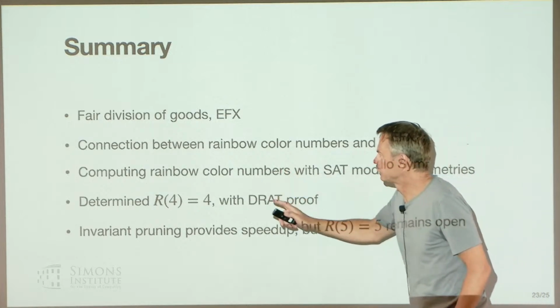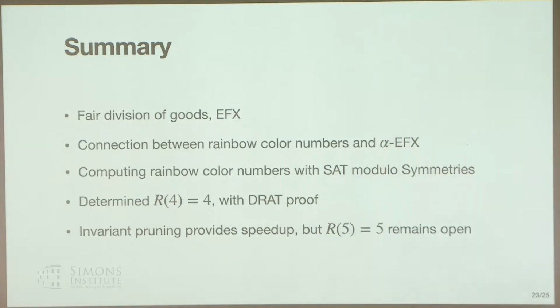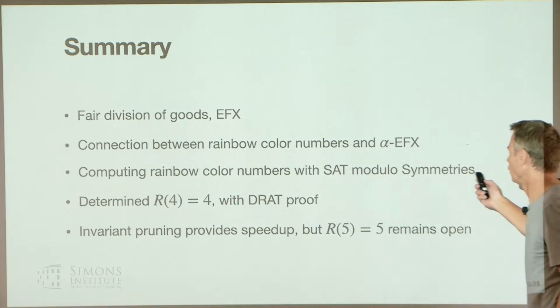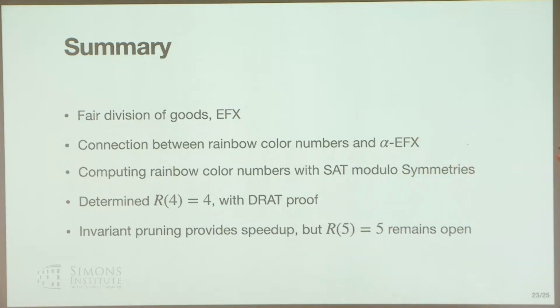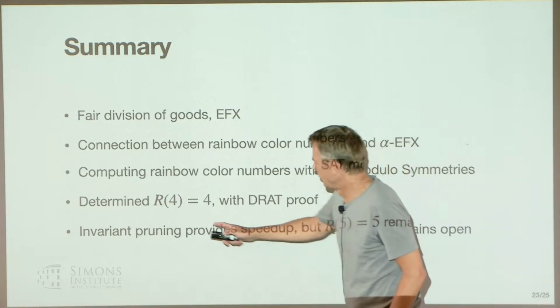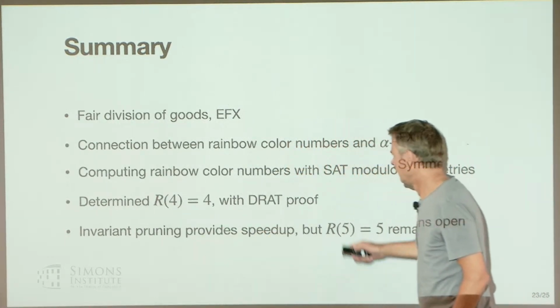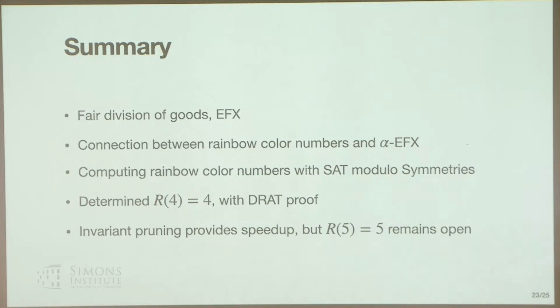The theorem I showed gives a connection between rainbow cycle numbers and approximate EFX. Then I showed you how we compute rainbow cycle numbers with SAT modulo symmetries, and we could determine the fourth of the numbers, and we can certify it with a direct proof.